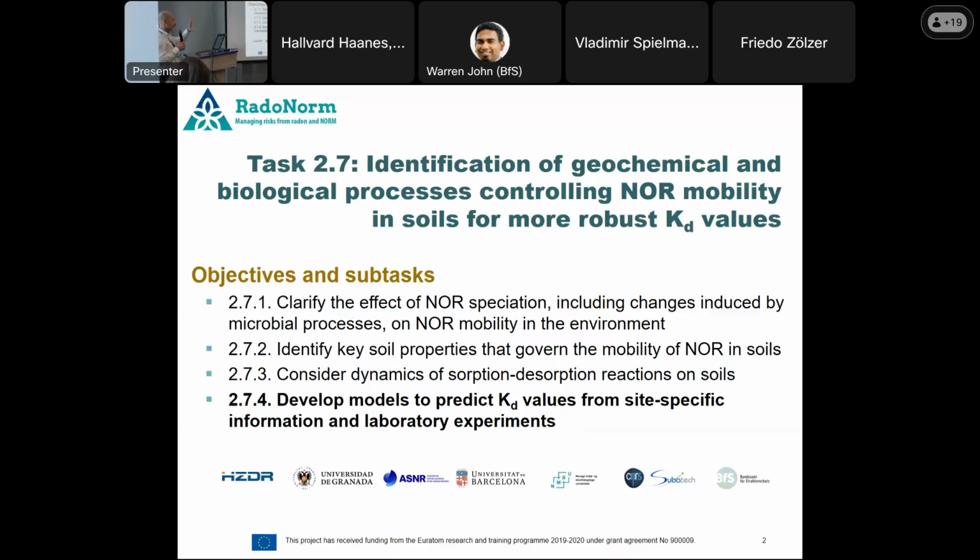Among these four subtasks, the work presented here is related to task 2.7.4, which aims at developing models in order to predict such specific KD data, with two different approaches.